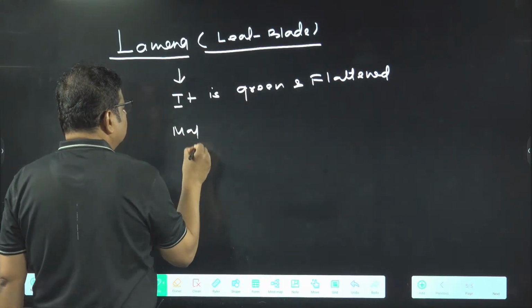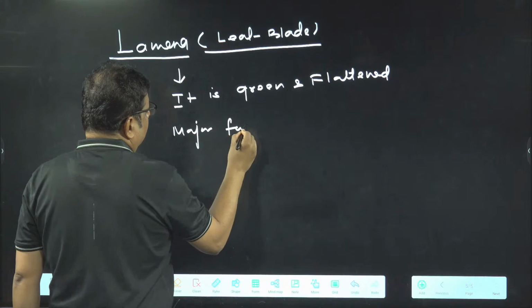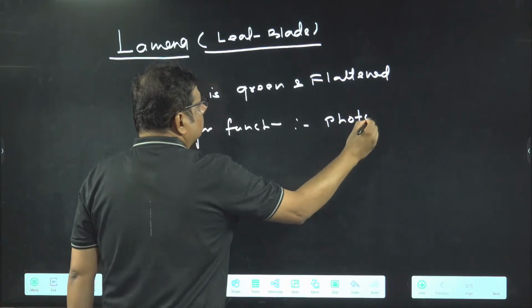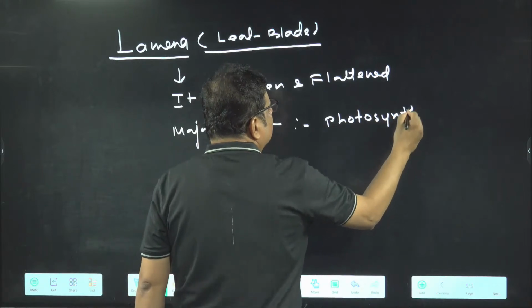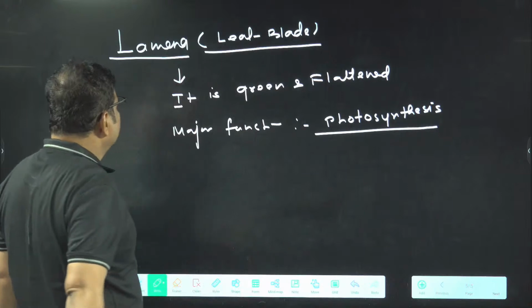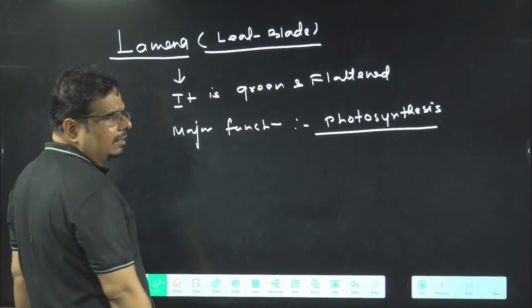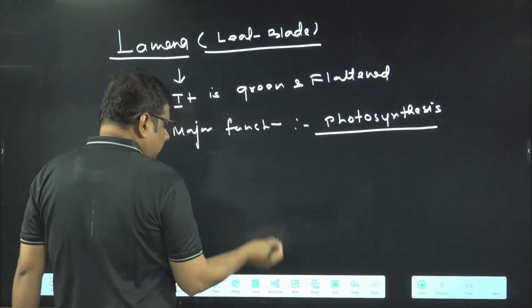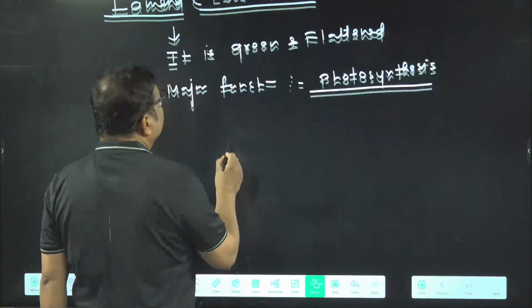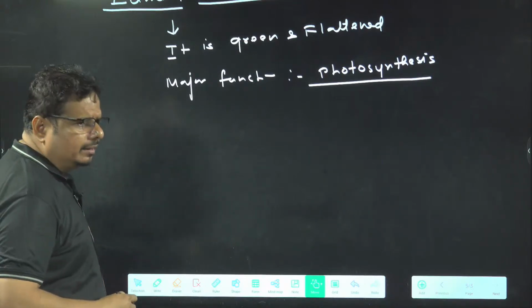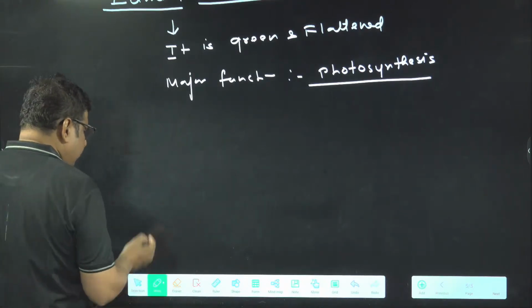Major function, photosynthesis. So if you talk about lamina, what is present? Veins are present. So these veins and veinlets are present in lamina in a different order. So we are saying it as what? Venation.